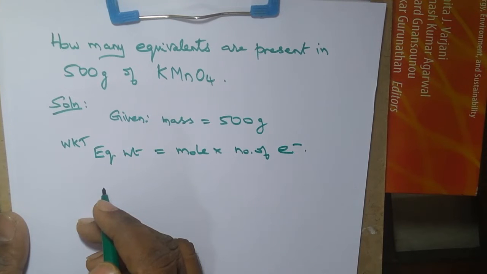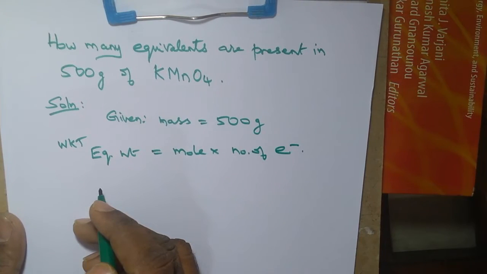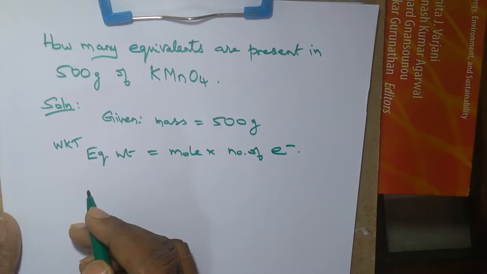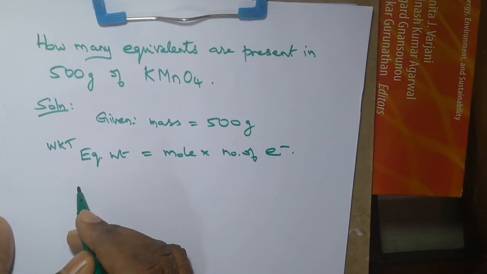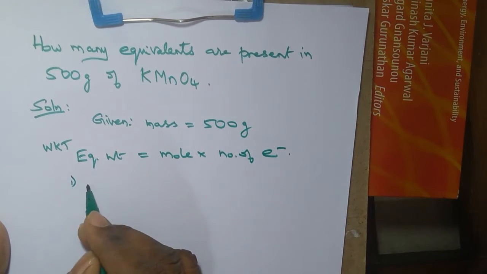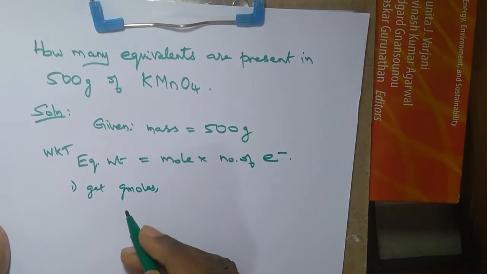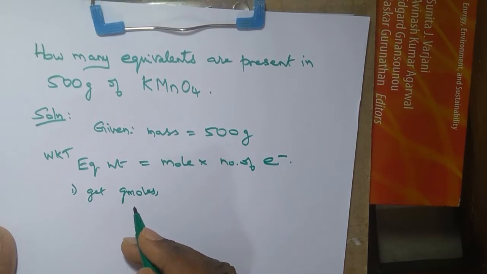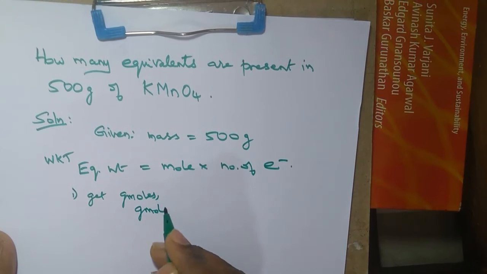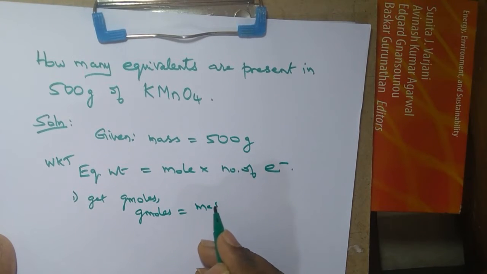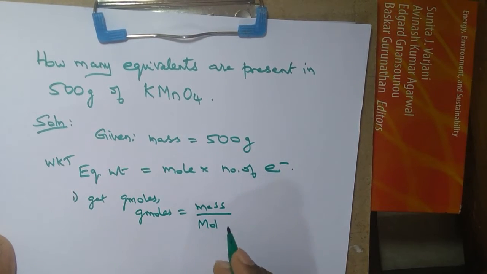To get gram moles we use the relationship with molecular weight: gram moles is equal to mass divided by molecular weight.